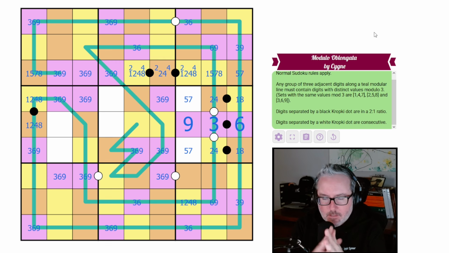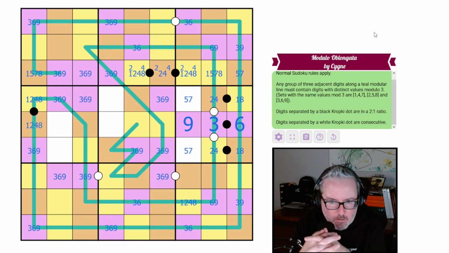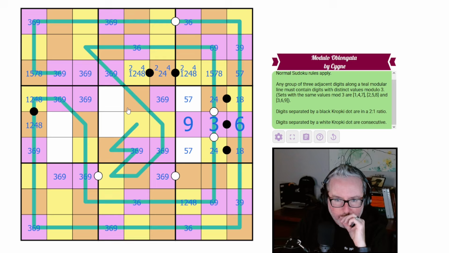Nope. I'm not seeing what this is for some reason. That's not good. 1, 2, 4, 8. The remaining 1, 2, 4, 8 goes in here, and the remaining 5, 7 goes in here.